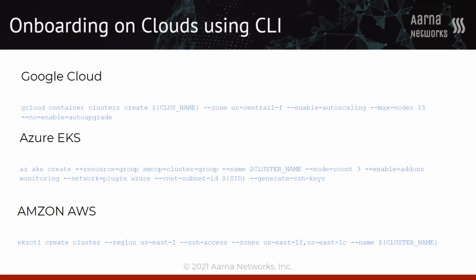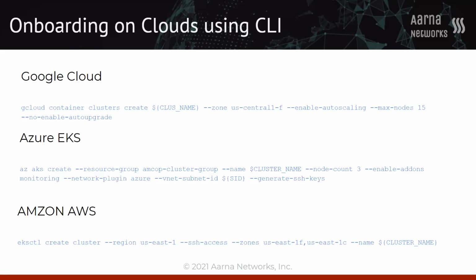Again, if you are keen on collaborating or contributing, you can contact us and we can take it further. The third command line is for creating the Amazon AWS cluster, where again we specify the necessary parameters, like the region, SSH access and cluster name, and it will create the cluster.